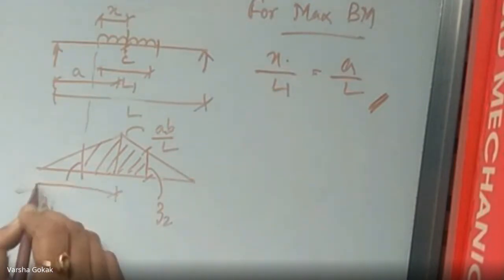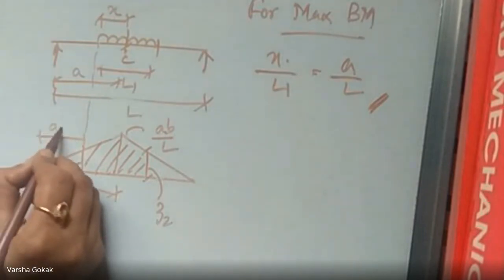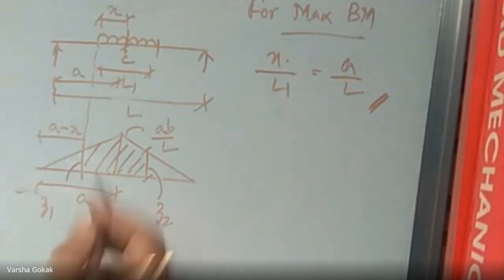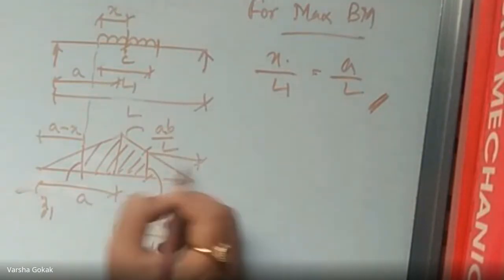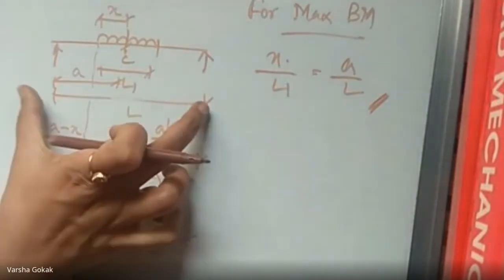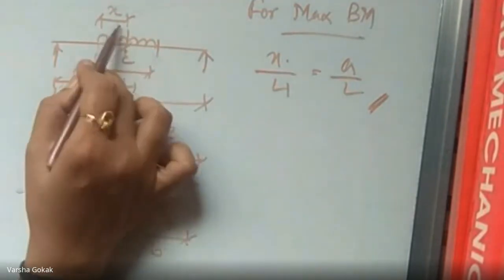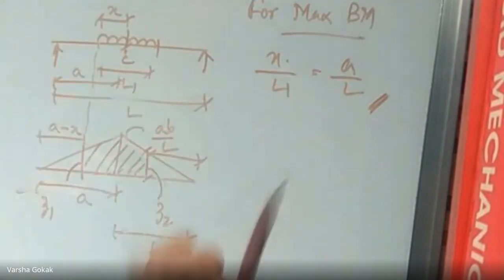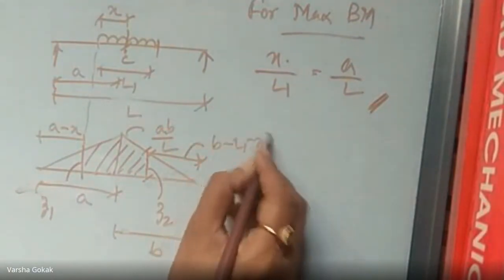This distance is A and this distance is going to be A minus X. On the other side, the remaining distance is B and this distance is going to be B minus L1 minus X.